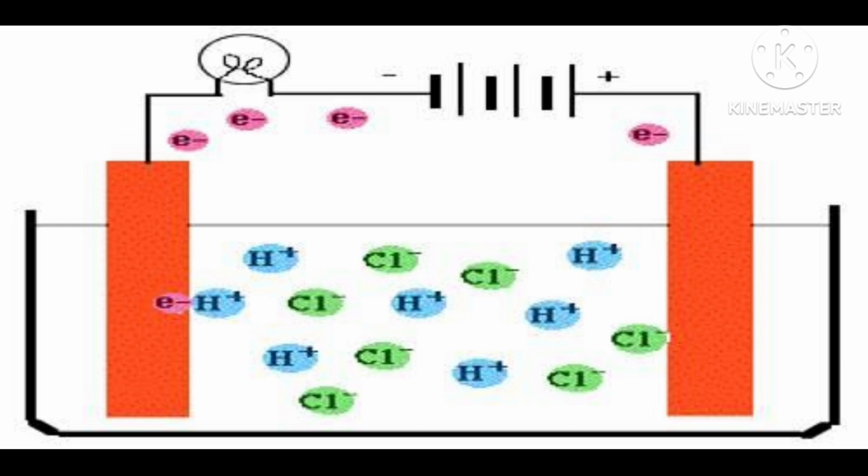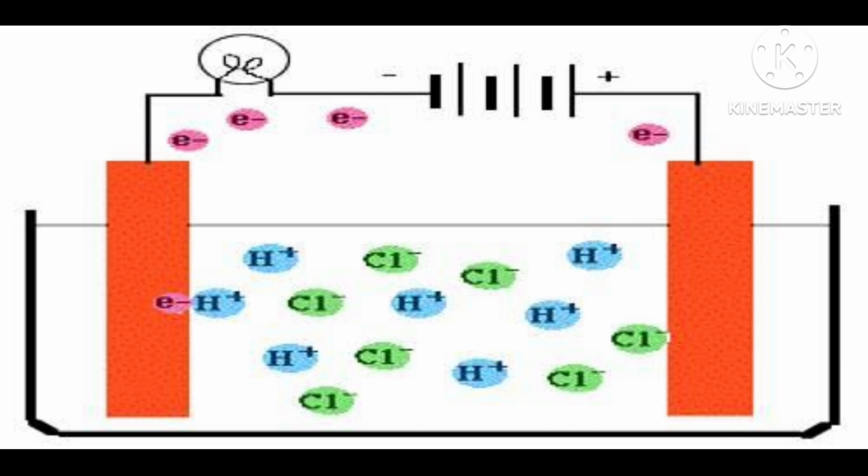In solvent, if you add solute, then it becomes solution. Now salt will dissociate into ions, cation and anion.